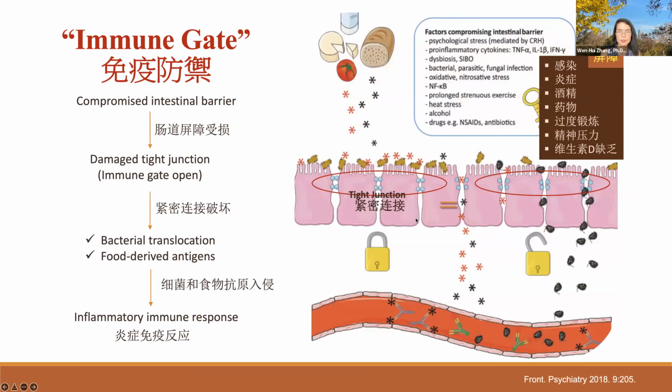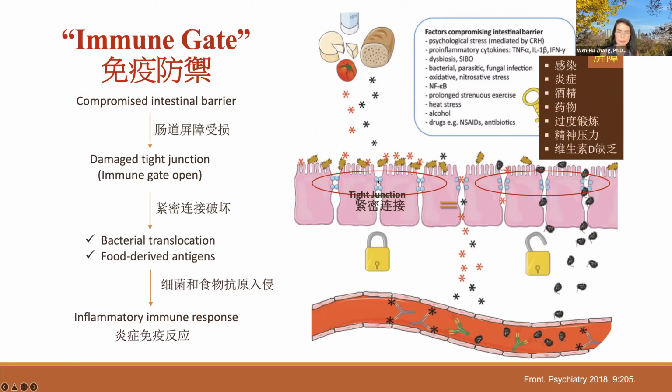So the tight junctions, they work as an immune gate. So when the intestinal barrier, that's the mucosal barrier, is compromised, then the tight junction is exposed to the elements and could be damaged.